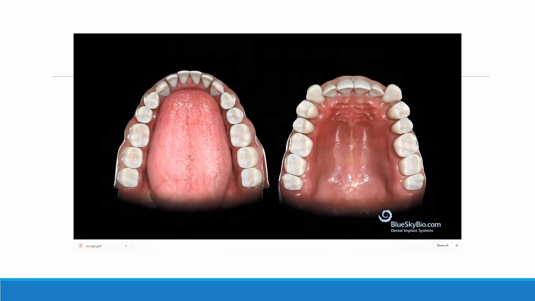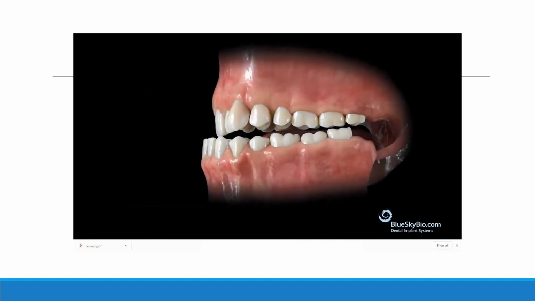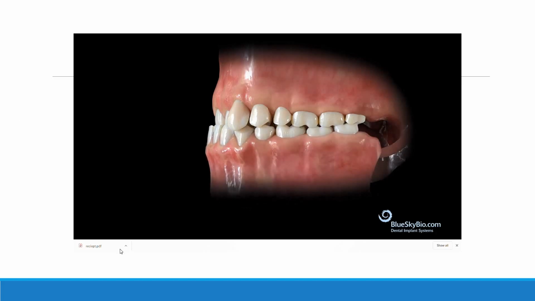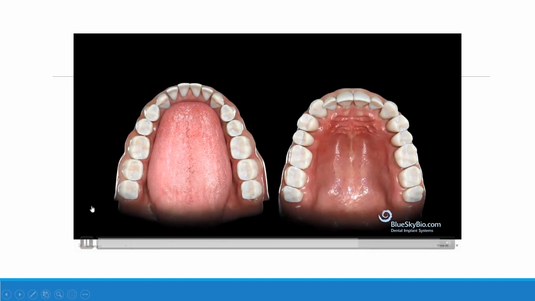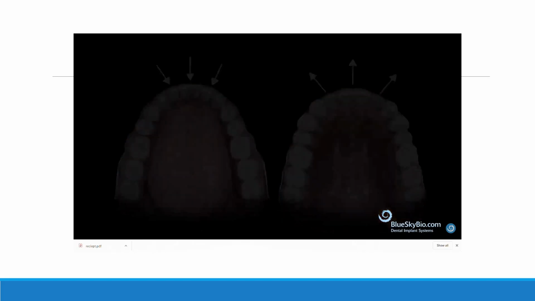It is essential to assess the position and angulation of maxillary and mandibular incisors and the resultant interincisal relationship. The class 3 relationship may be associated with an edge-to-edge relationship, a negative overjet, or positive overjet.